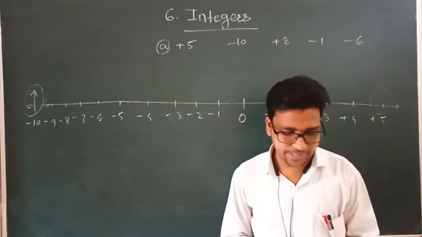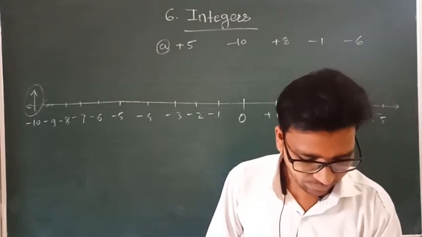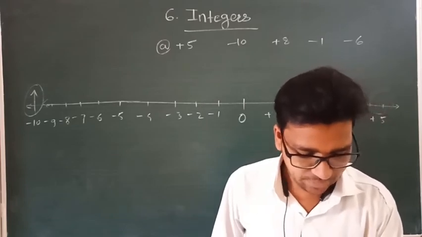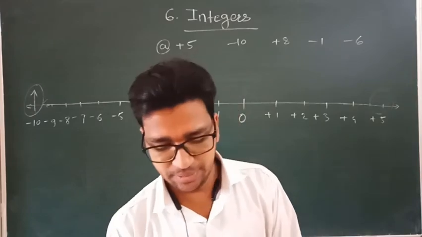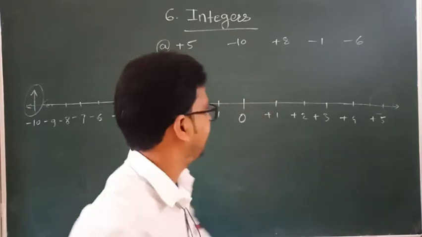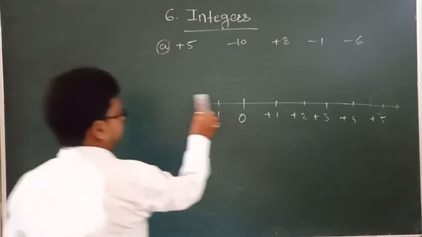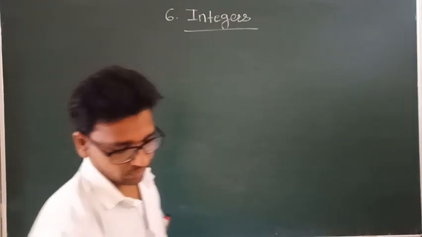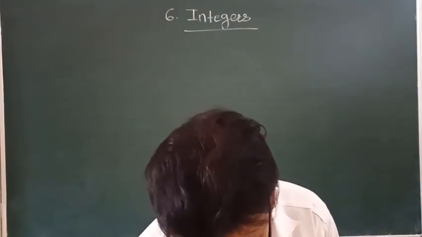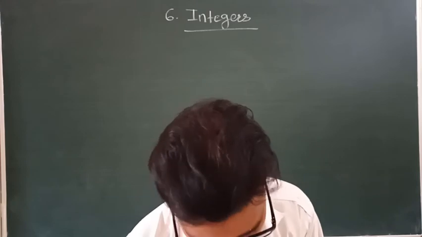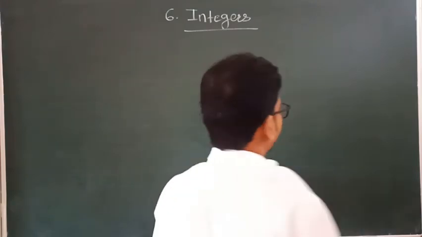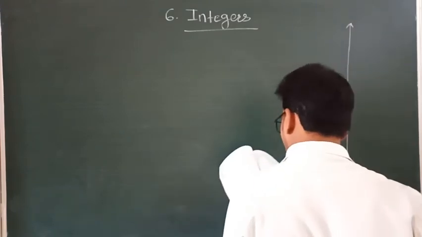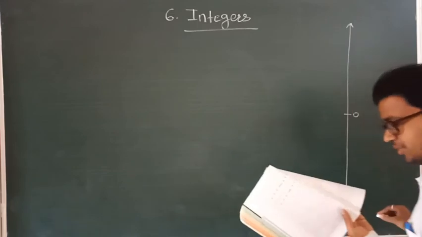Then question number 4 is, the adjacent figure is a vertical number line representing integers. Observe it and locate the following points. One figure is given in your textbook on page number 120. That figure is a number line, and the 0 is here.